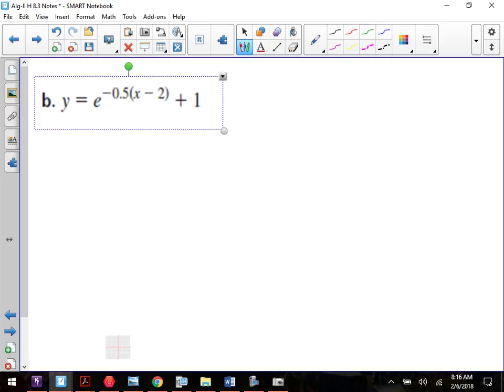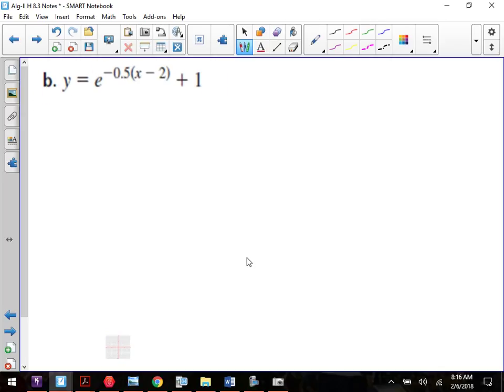So here's the other one. What do you think H and K do here? Same thing, yep. So you have your A value, in this case 1. Our R value is negative 0.5, which means it's decay. Our H value is 2, K value is 1.